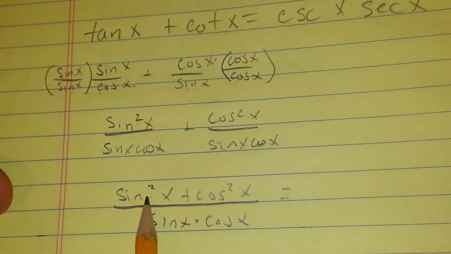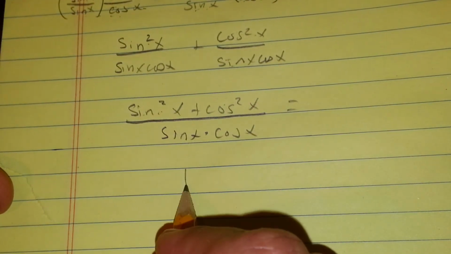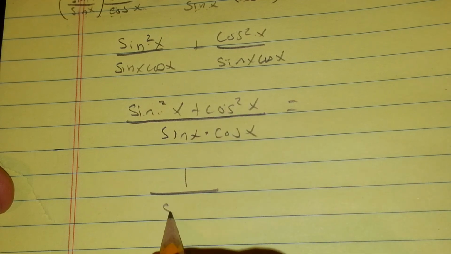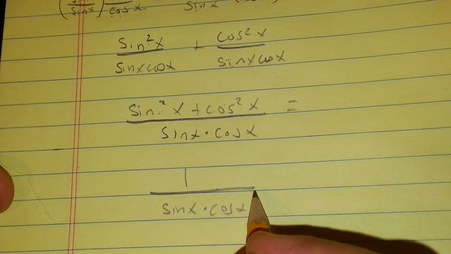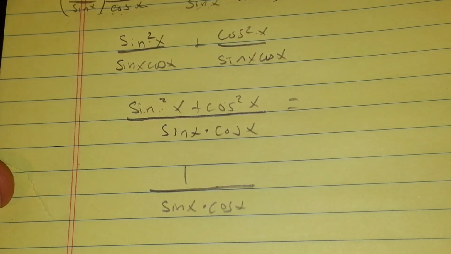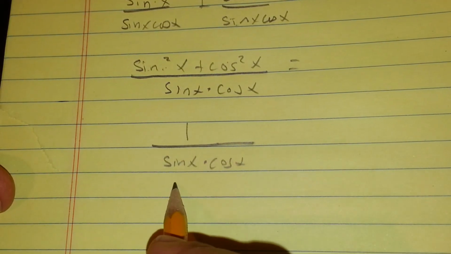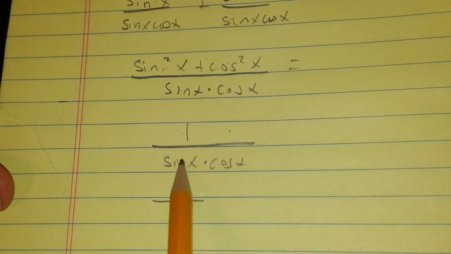Remember our identity? What's sine squared theta plus cosine squared theta? That equals 1, right? That's one of our first Pythagorean identities. So 1 over sine x times cosine x in the denominator. Remember, multiplication of fractions is numerator times numerator, denominator times denominator.